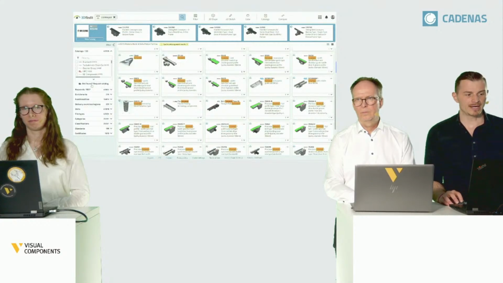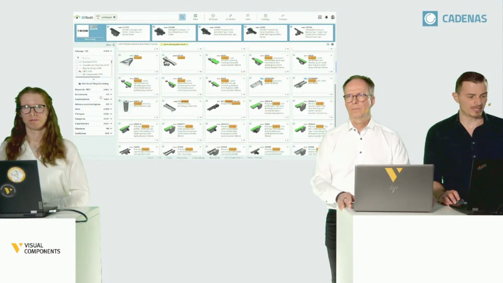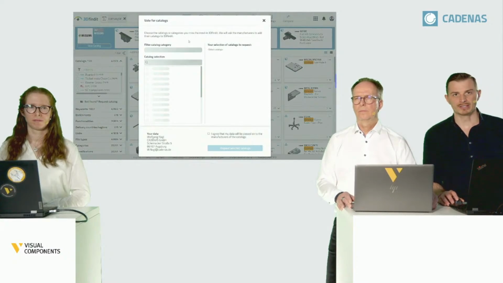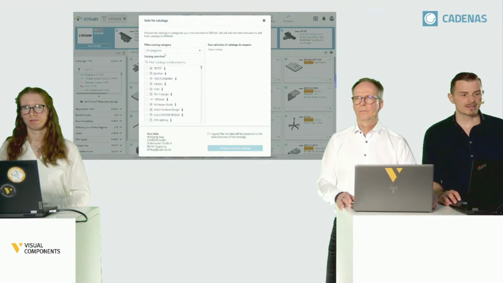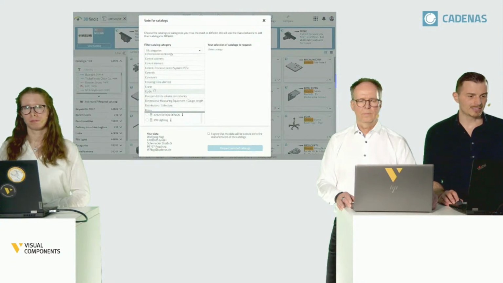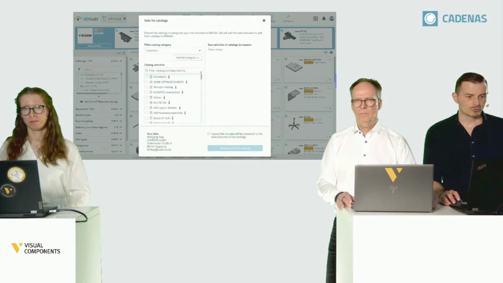And you really don't find it, then on the left side there is a button where you can just request content. So you can select categories like actuators, air filters, cables, cabinets, or I choose conveyors.